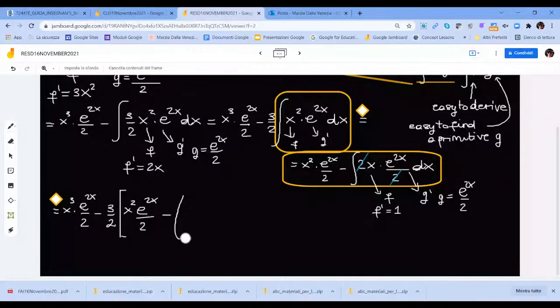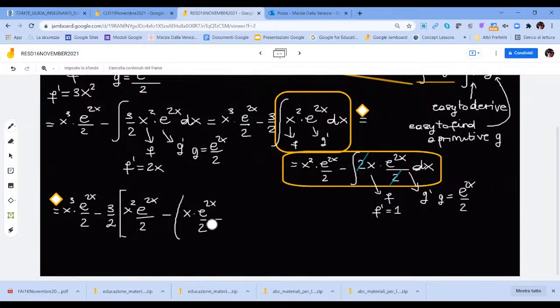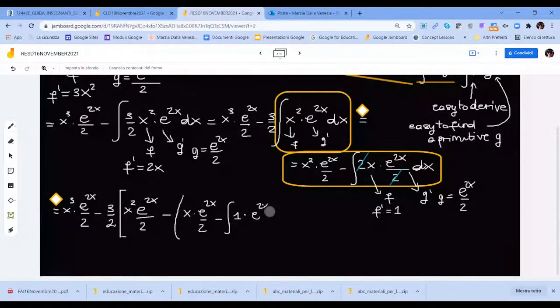It is f times g, so x times the primitive again, minus f prime times g, the integral of f prime 1 times g in dx.